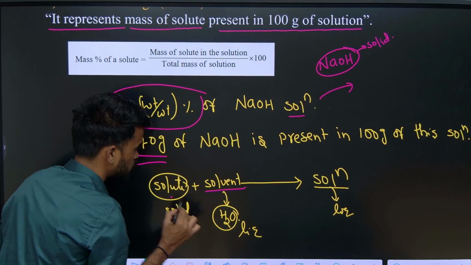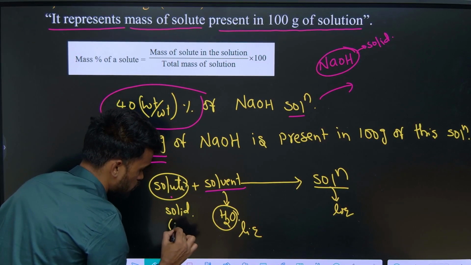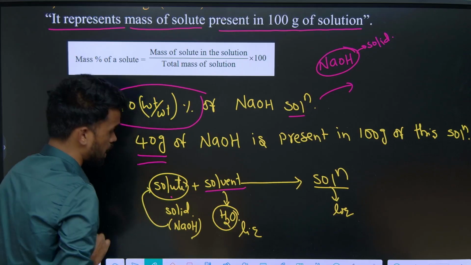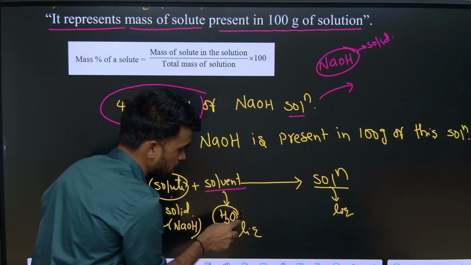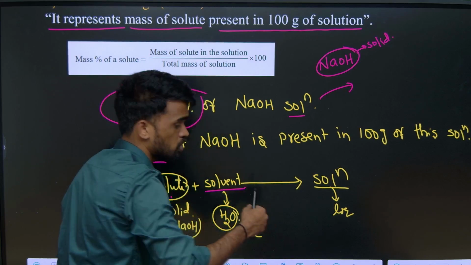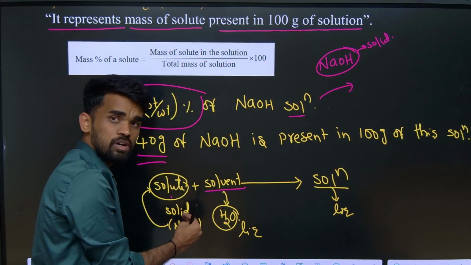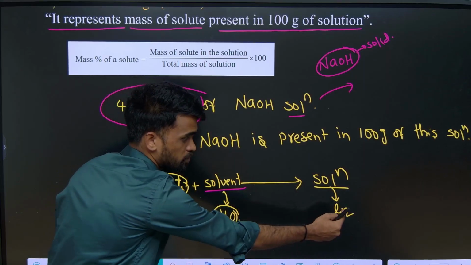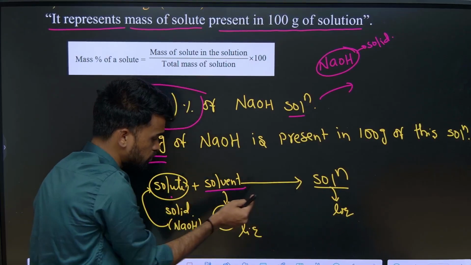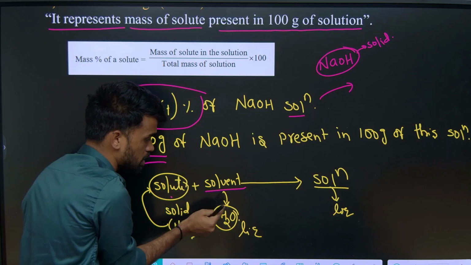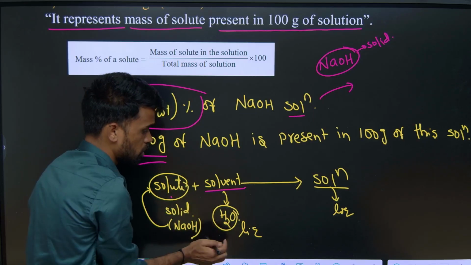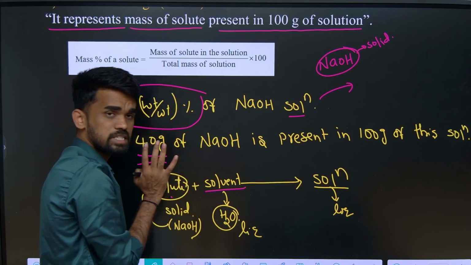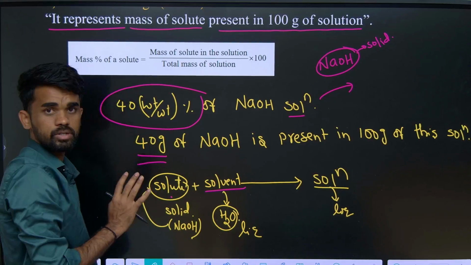Since NaOH is solid, I am considering it as solute, and water is liquid and the solution is also liquid. From this we can identify which is solvent, which is solution, which is solute. The component having liquid form is considered as solvent, so water is the solvent and the remaining part is solute. I hope this is clear.